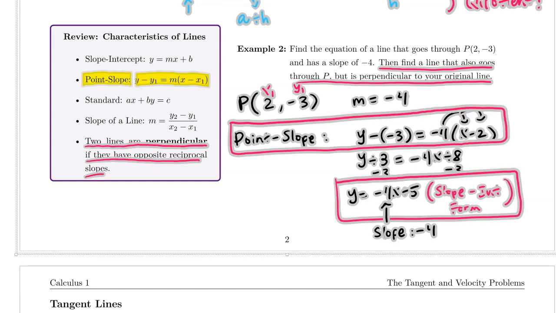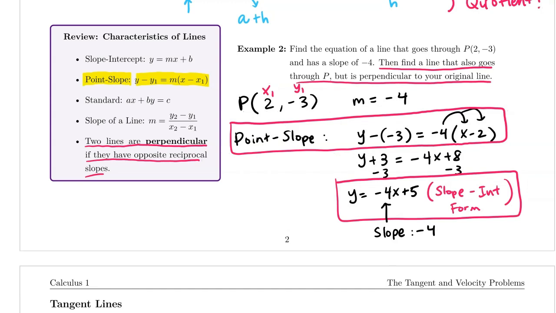So for our other line that we want, the perpendicular line, that would be y equals, we take the positive and then the reciprocal, so that's going to be 1/4 x, and we also need it to go through the point (2, -3).